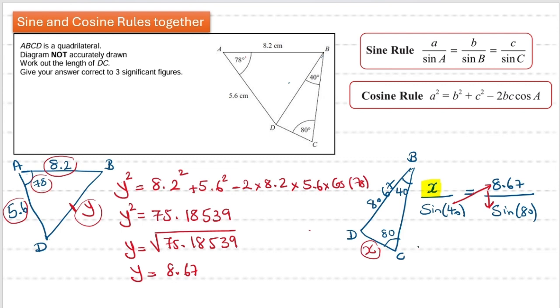So we write x equals sine of 40 times 8.67 divided by sine of 80. And the answer that we get is x equals 5.66 centimeters, correct to 3 significant figures as the question wanted.